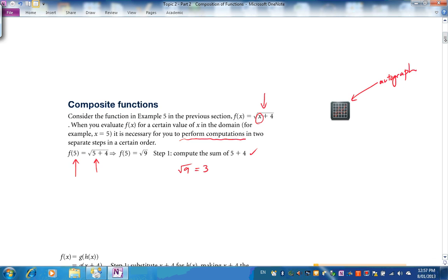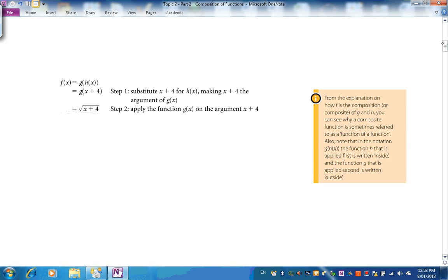That's the idea we're working on in this little presentation here, and let's have a look at our notation or terminology used here. So we could think of f of x as one function done on another. So what was root of x plus 4? Well, really we could have said that if we did h of x, let's do h on x and produce the expression x plus 4, then we'll do g on the result of that.